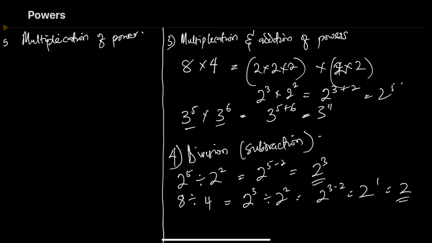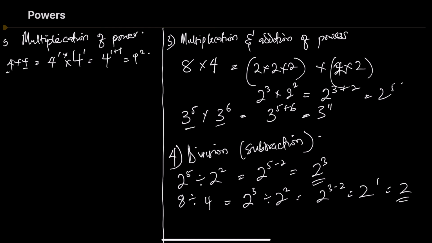This law is basically saying, in a case where you have 4 times 4, for instance, this is a case of having something like a square. On a normal sense, this is 4 raised to power 1 times 4 raised to power 1, and then we say 1 plus 1, which is 4 raised to power 2.